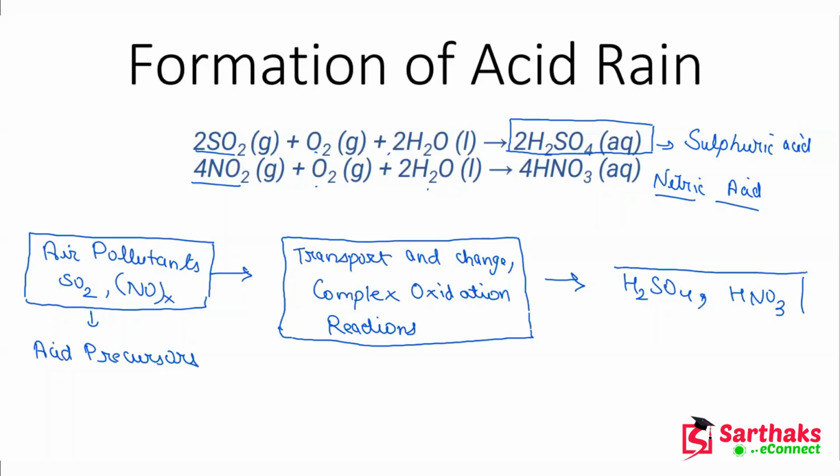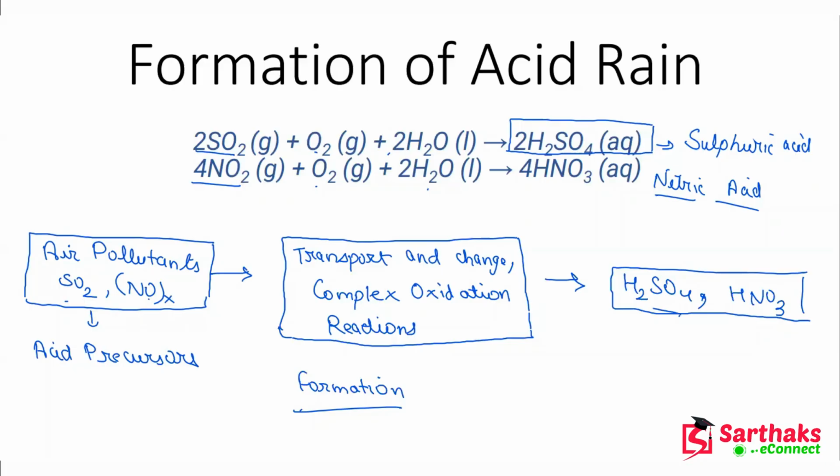So this is the formation of acid rain. This is the process of formation of acid rain: SO2 and nitrogen oxides combine with oxygen and water, and they undergo complex oxidation reactions and then give us acid, that is H2SO4 and HNO3.